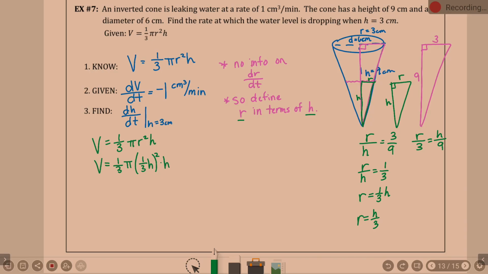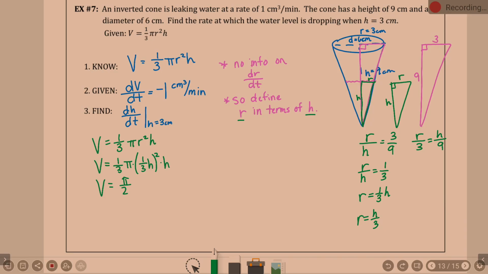Clean this mess up. What is 1/3 H squared? 1/9 H squared. What's the 1/9 times the 1/3 out front? It'd be 1/27. And that's 1/27 times pi. How do you feel if I say pi over 27?